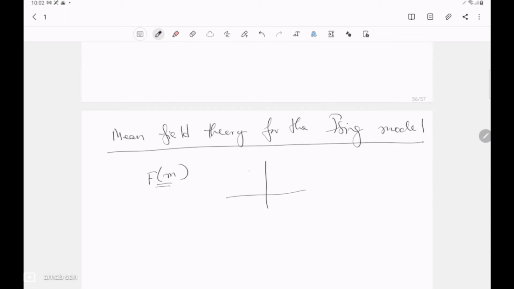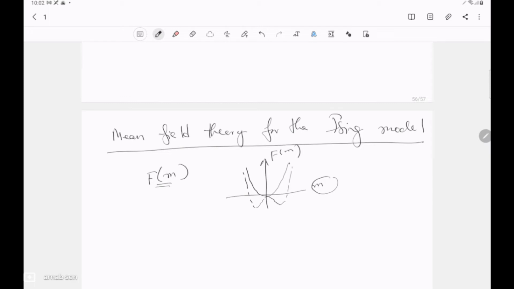And this free energy had the interesting property that it gave a critical temperature above which it looked like this, if you plot it as a function of m, and this m needs to be determined self-consistently, as we saw, right? And below which it actually looks like this.